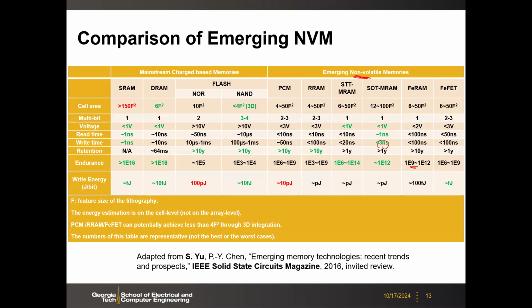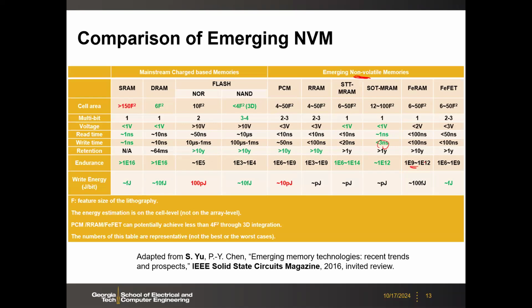So this is better than flash, but it's not as high as SRAM or DRAM, because moving the atoms still somehow damages the material property. So this is somewhere in the middle. It's kind of awkward. It's not that low. It's not that high.